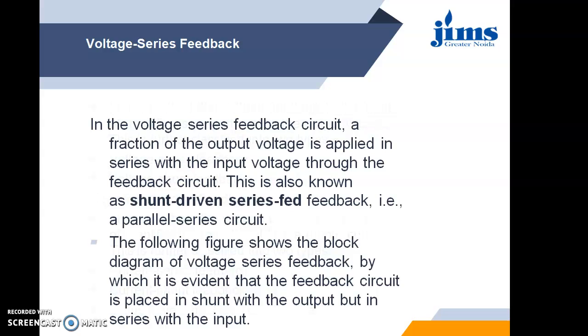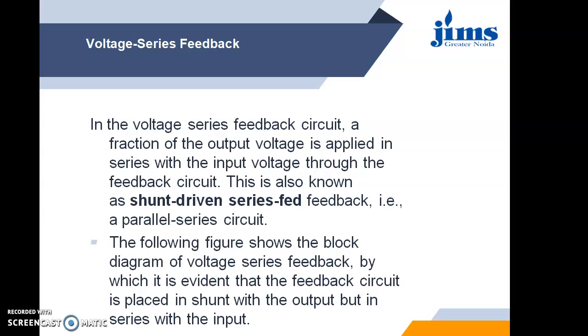So first is voltage series feedback. In a voltage series feedback, a fraction of the output voltage is applied in series with the input voltage through the feedback circuit. Here, voltage series feedback means the output energy which is fed back to the system is voltage, and the input port is in series, and in series we know the voltages are added up.